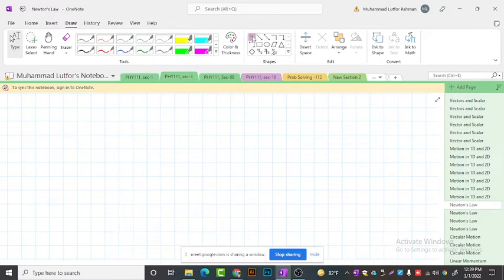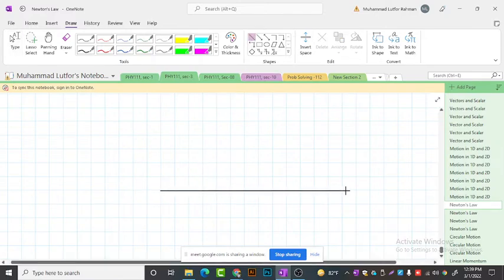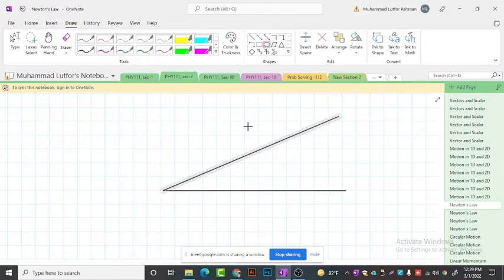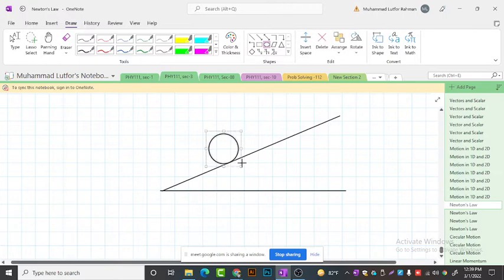I want to keep the solid ball stationary with some string connected over here. The angle of this inclined plane is 35 degrees, the mass of this solid ball is 5 kg, and the tension in this string is T.